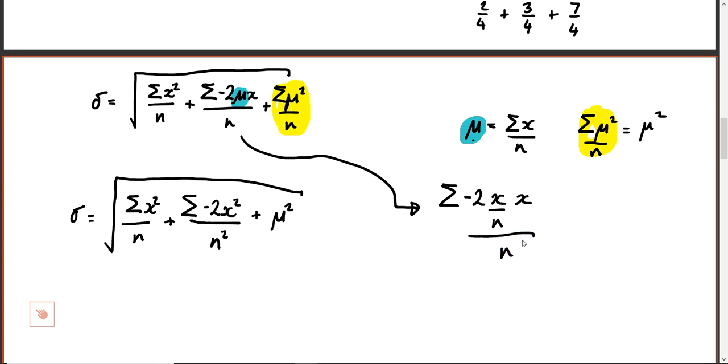And if I've got a divide and then another divide, you just multiply the denominators, right? So the x times the x becomes the x squared, and the n divided by another n becomes divide by n squared. So this mu has been replaced by the x over n.